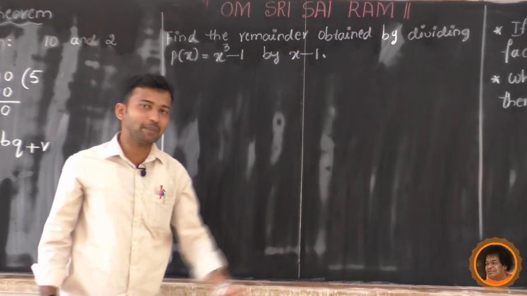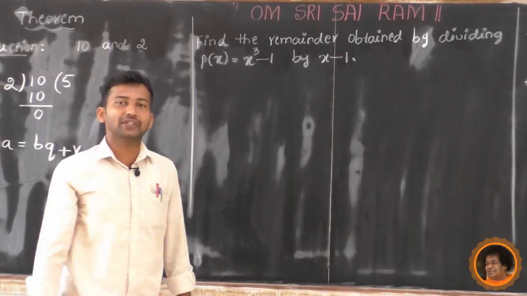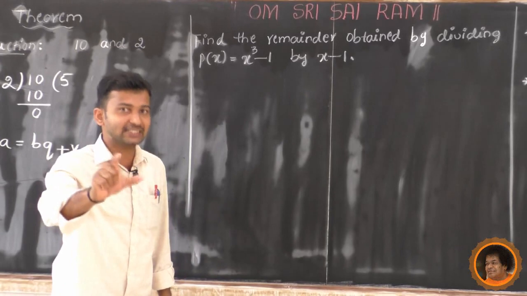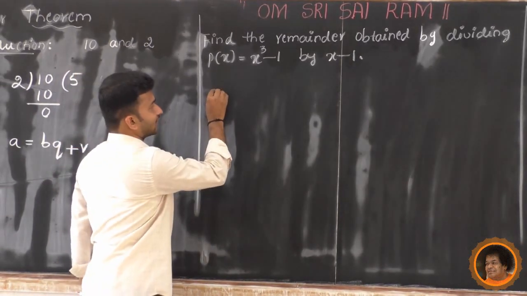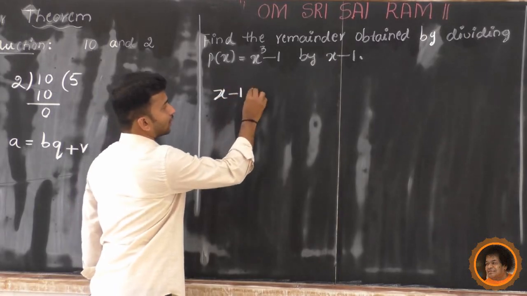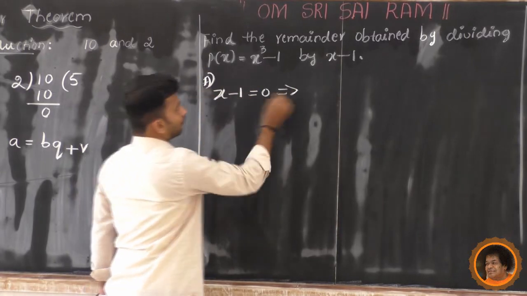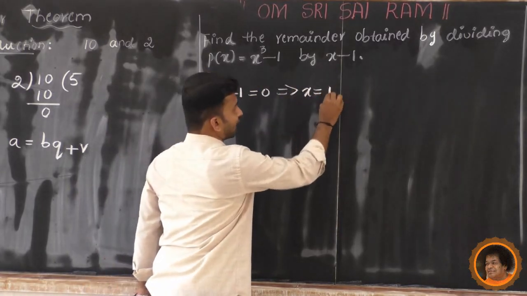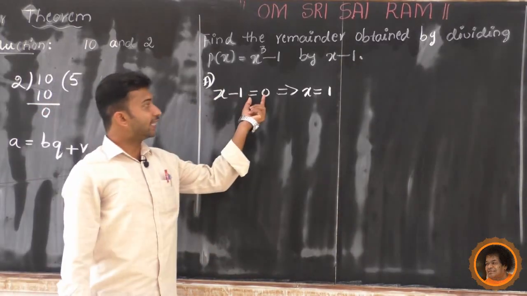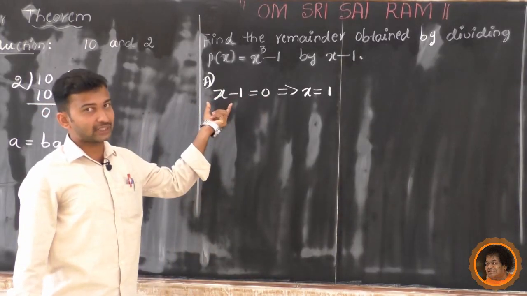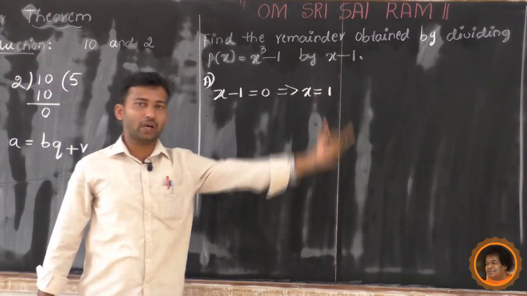So we should write the 0 of the divisor x minus a, that is x minus 1 is equal to 0, which implies by solving x is equal to 1. Therefore 0 of the divisor x minus 1 is x is equal to 1.